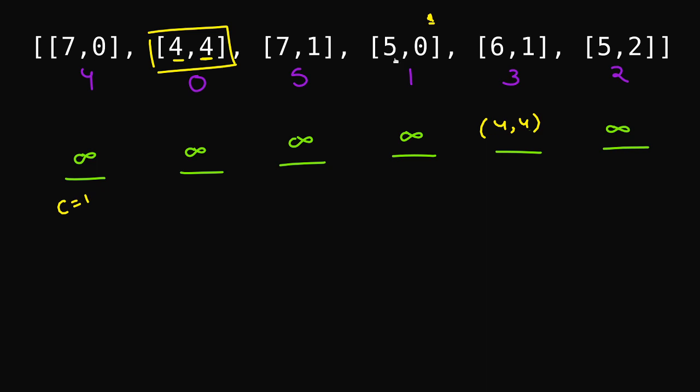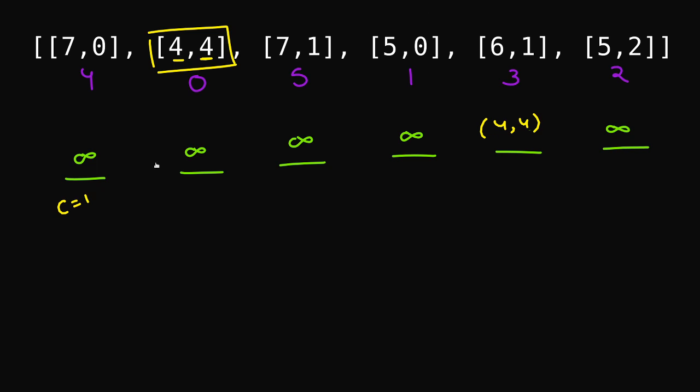Why? Because for this 5 comma 0 we want the count of 1, so the count denotes the number of people standing in front of these people who are having the height of greater than or equal to 5. When we have count equals 1, this is the position where we want to place this 5 comma 0, because since 0 people are there in front of 5 who are having the height of greater than 5, that means the 5 is going to be placed at position 1.